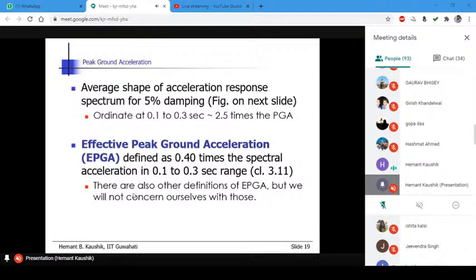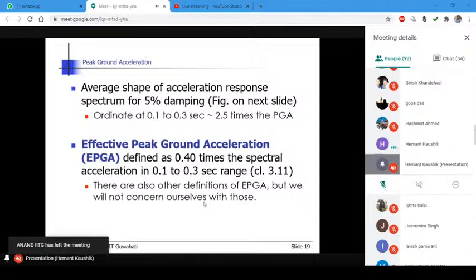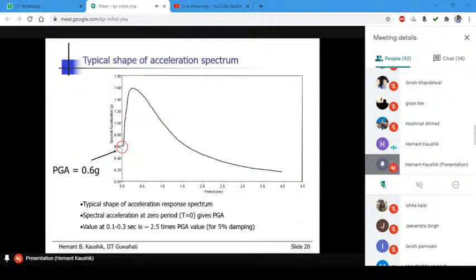So this effective PGA, EPGA, is defined as 0.4 times the spectral acceleration in this zone, 0.1 second to 0.3 second range. Okay, and you will understand in the next slides what use this EPGA has. But let us not worry about it much as engineers.